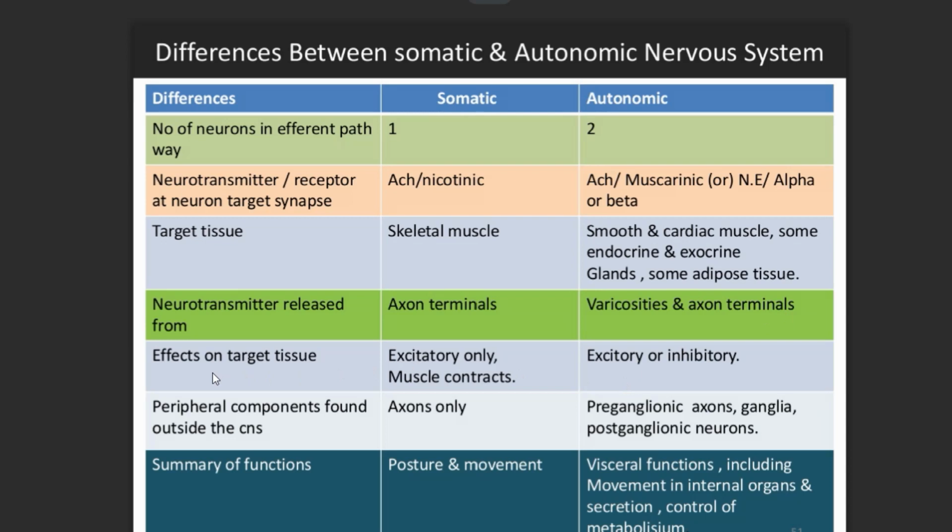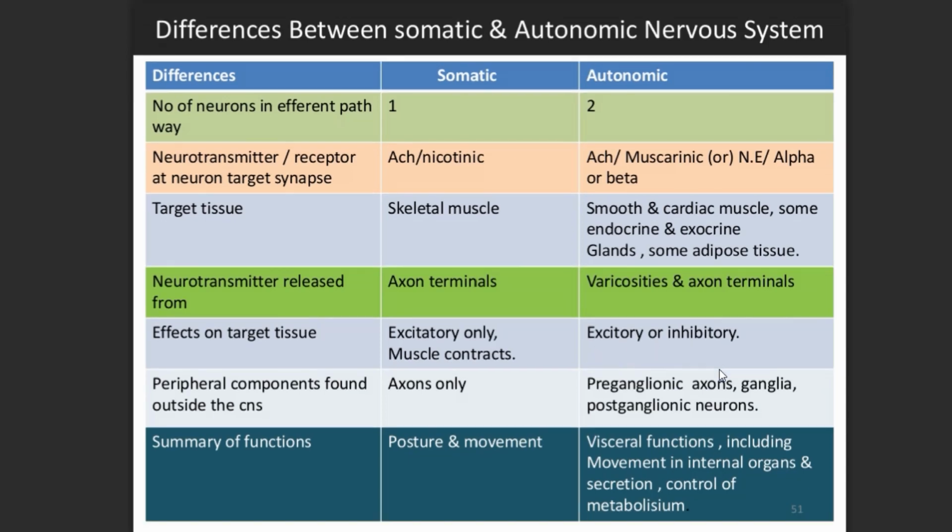The effect on target tissue in somatic is excitatory only, muscle contracts, nothing else. Whereas in autonomic, the effects can be excitatory or inhibitory.